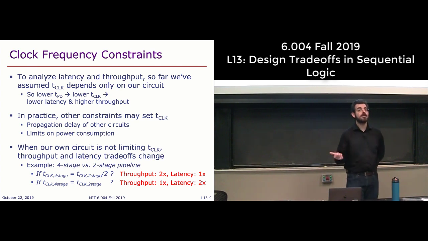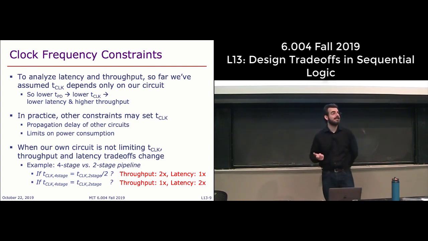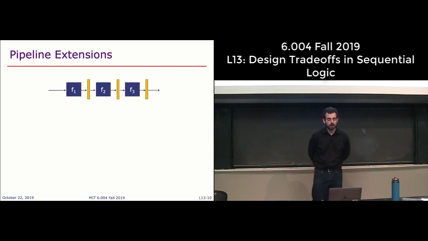Because we're going through more stages, and each stage has the same latency as before. Okay, so when you're designing circuits, and you'll get a couple of questions on this in lab 5, you'll have to deal with some of these limitations.